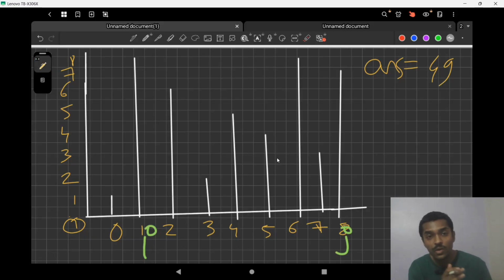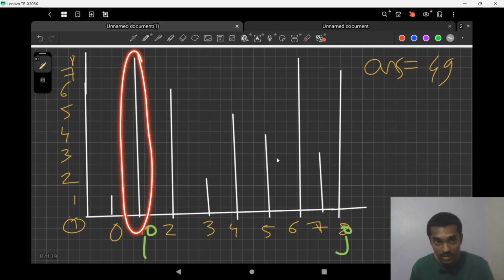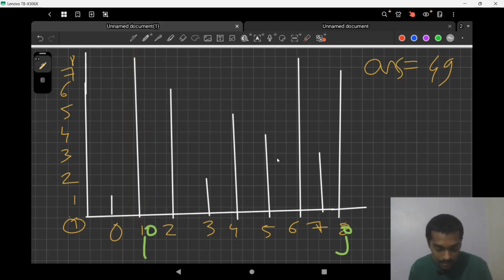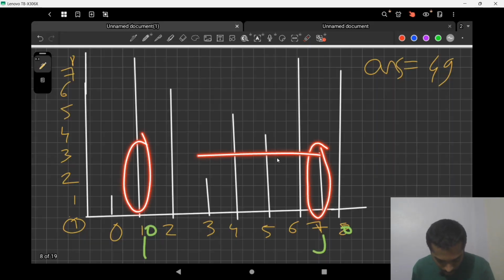Now which pointer do we have to move, i or j? Yes, we have to increase this pointer, because we want to keep the biggest height, so we increase our j pointer. So j comes to here. Now let's see what the height is. Height is the minimum of both, and this height is 3.